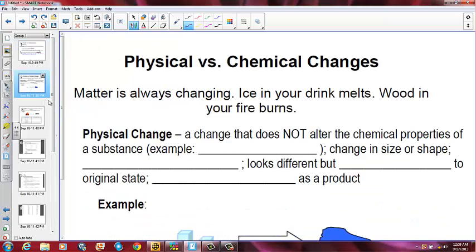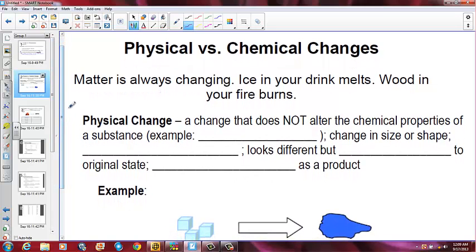Okay, so let's begin on page 5 in your note packets, physical versus chemical changes. So matter is always changing. Ice in your drink melts, wood in your fire burns. A physical change is a change that does not alter the chemical properties of a substance. An example would be cutting paper, because this is not actually altering the substance.